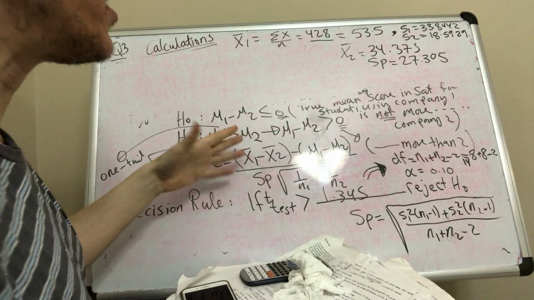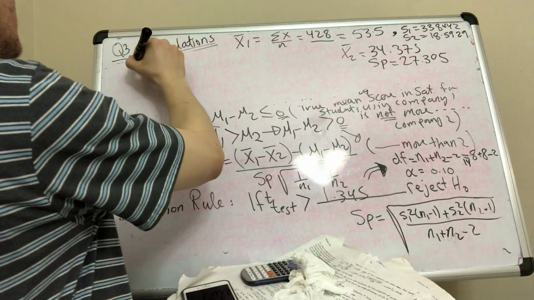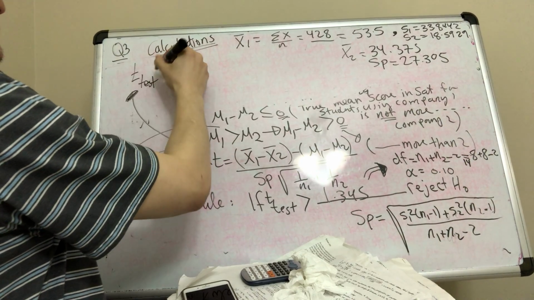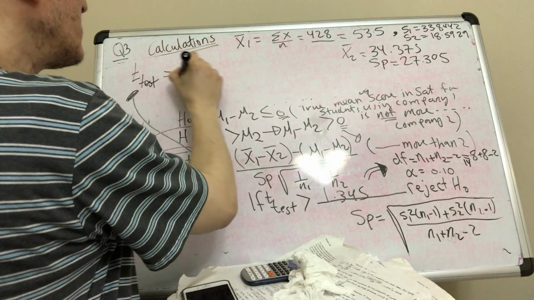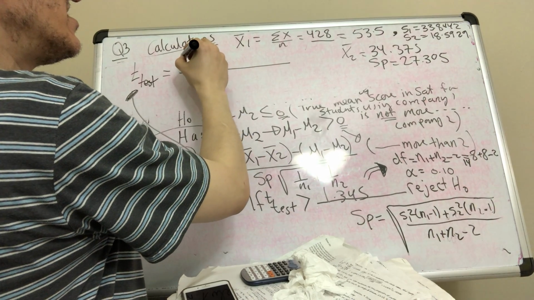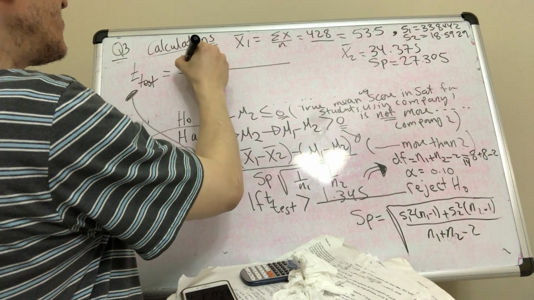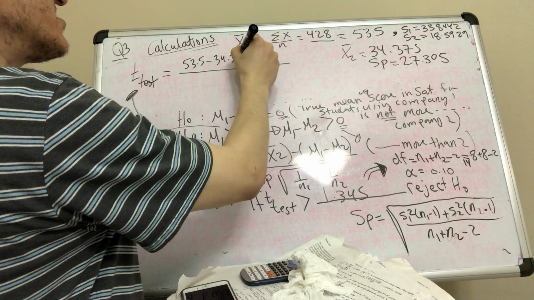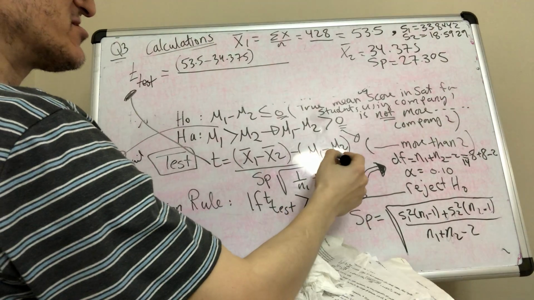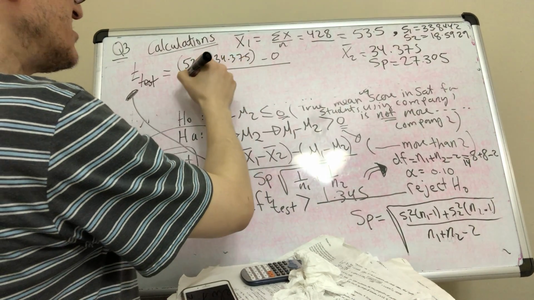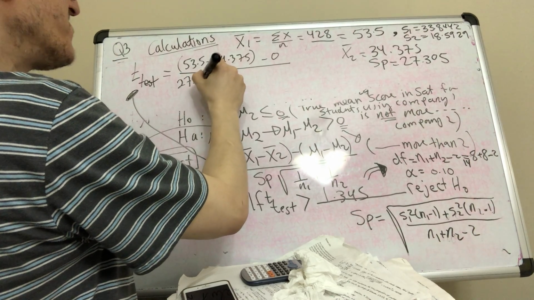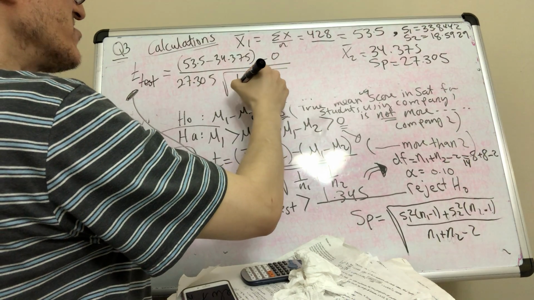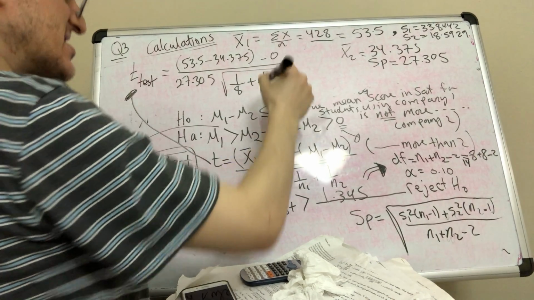Now once we have all the information, we can put everything together in the t-test. We need the average of group 1, and that's 53.5. Average of group 2, 34,375. The difference between mu1 and mu2, we said 0. We need SP times the square root of 1 over the first sample plus 1 over the second sample.